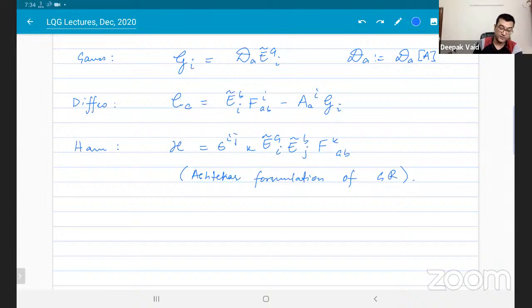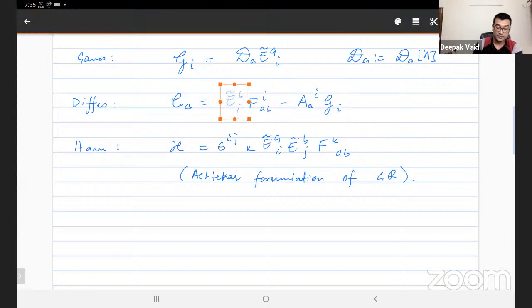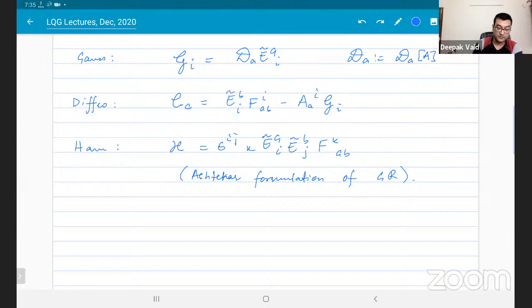Then you have your diffeomorphisms, which looked a little bit complicated, but now they are looking much simpler. You just have a product of your densitized co-triad and your curvature tensor.